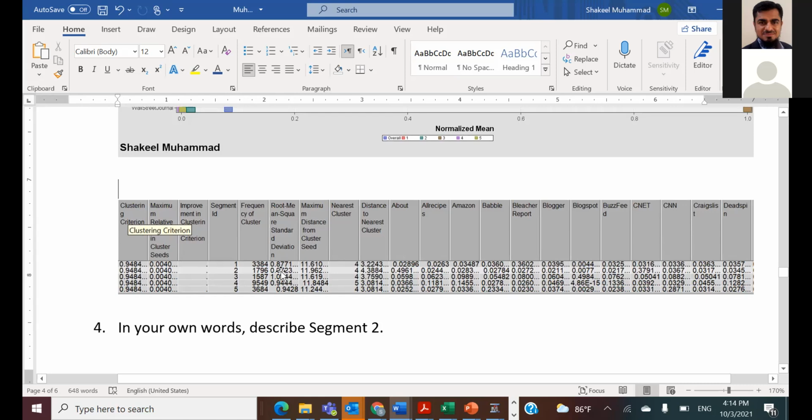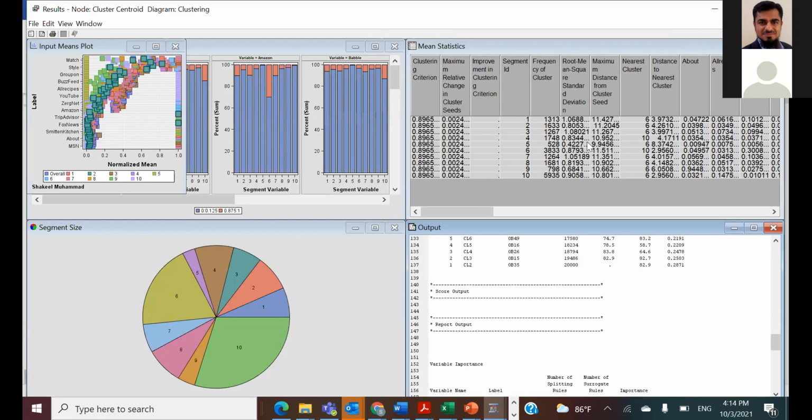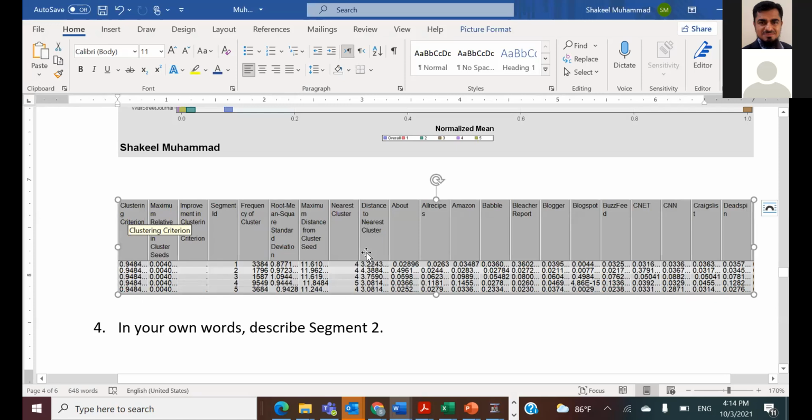Basically, this segment has all the information related to segment 2. Okay, I think it's this one. This table, mean statistics. Do we need that?